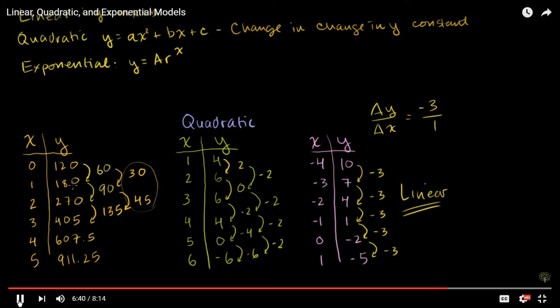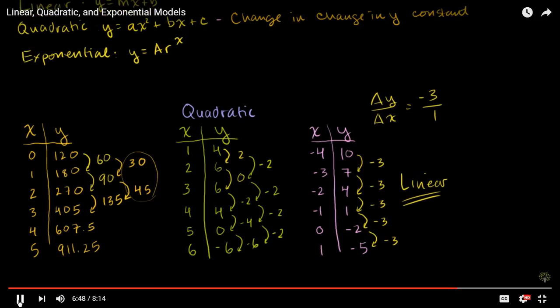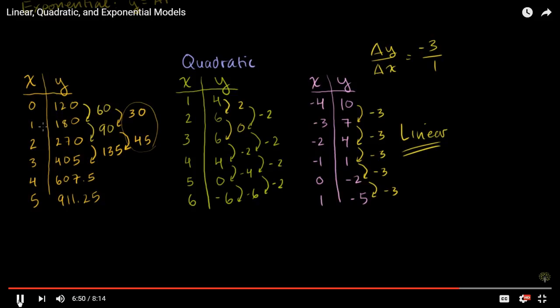So instead of just subtracting, in this case, 120 from 180 and 180 from 270, to test for an exponential function, what you want to do is check whether the ratio of, when you increment x by a constant amount, whether the ratio of the y's are the same. So when we increased x by 1, y went from 120 to 180. So it increased by 180 over 120 is 1.5. So we went from this term to this term.